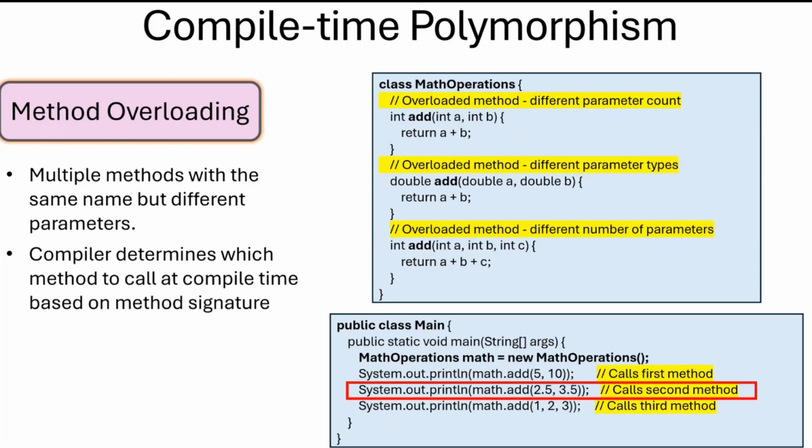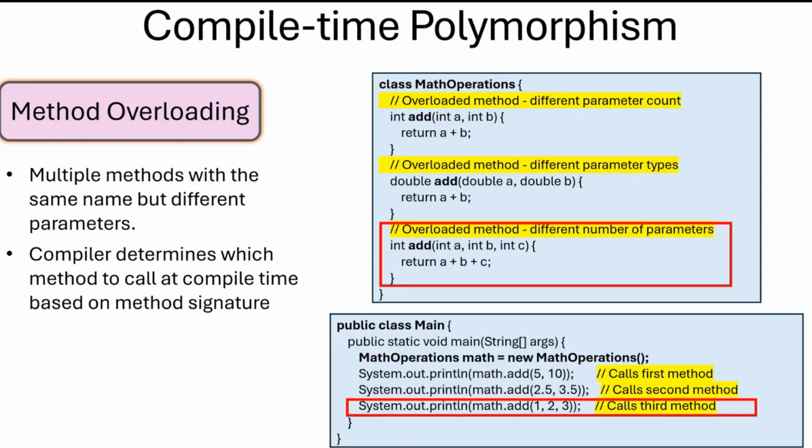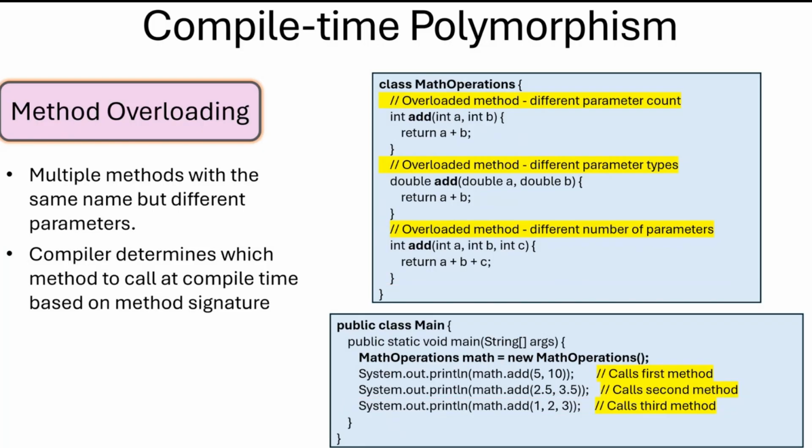Similarly for the second method and the third method. This is why the compiler knows it, because it is already statically defined for each method how many parameters are there and which type of parameters are there. So this is predefined in a code. Based on the method call, it is connecting to the overloaded method that is already defined, right? So this is the method overloading part.